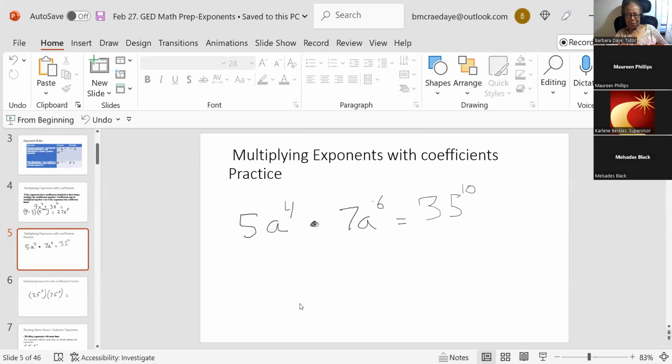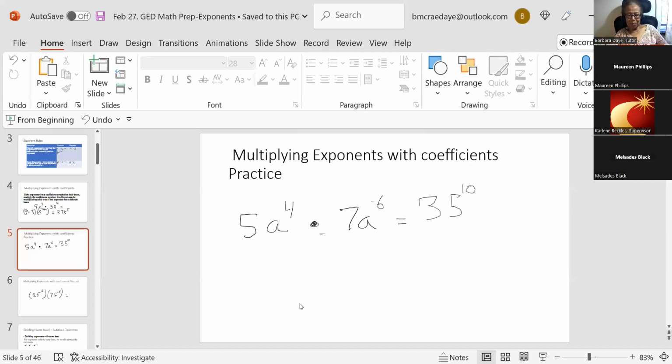Mercedes, you agree? What you're saying to do here is multiply exponents with coefficients. And what's the coefficient, Mercedes? The coefficient is the number in front of the variable. 5 is a coefficient, and 7 is a coefficient.